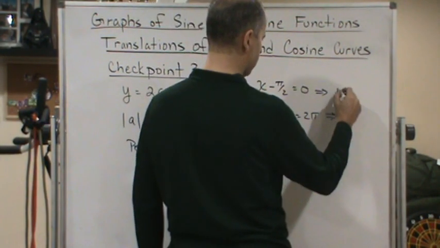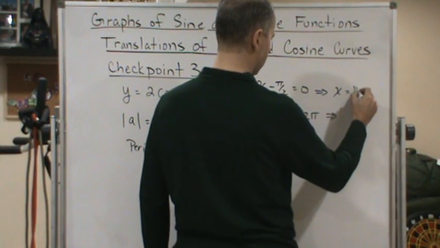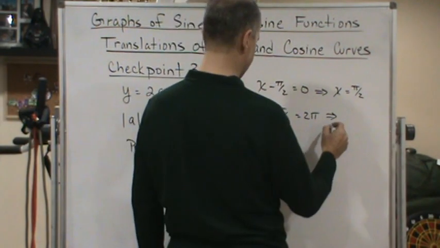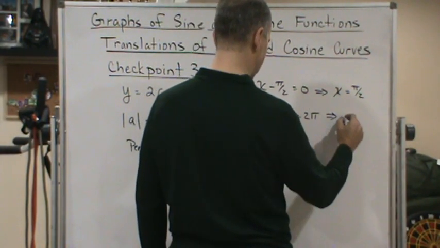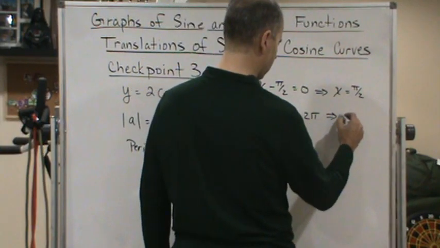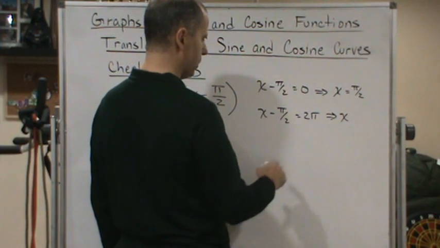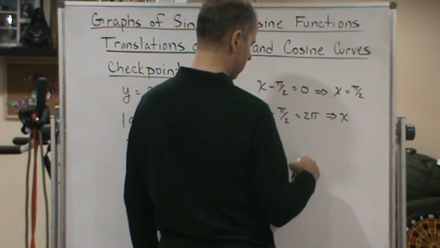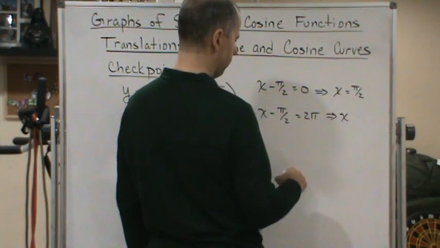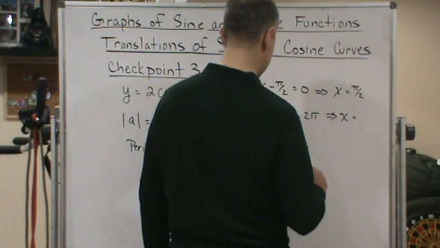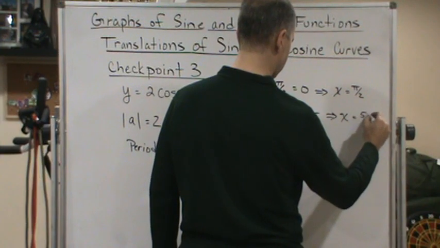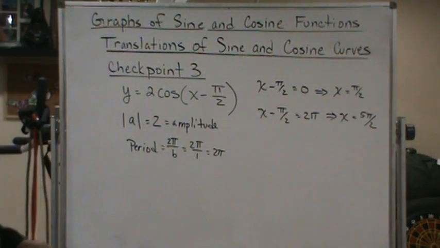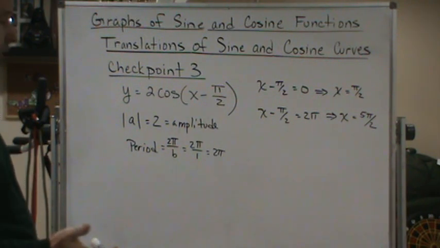And of course, that's going to give us x equals pi over 2 as the starting point, and then one cycle is going to end at 2 pi plus pi over 2, which is 4 pi over 2 plus pi over 2, which equals 5 pi over 2. Okay, which makes sense, right?